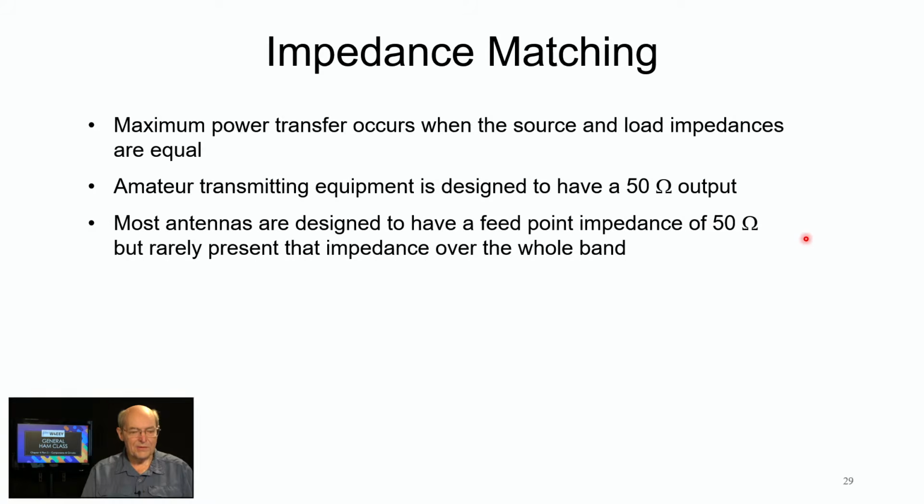And you'll hear this when Gary does his antenna chapter, that the impedance of a dipole is about 73 ohms. So we've got a little bit of a mismatch there with a dipole. We've got a 50 ohm transmitter, 50 ohm transmission line, and a 73 ohm antenna. And we'll be talking about some ways to resolve that. That turns out to be less than a 2-to-1 SWR, which transmitters usually don't care about.